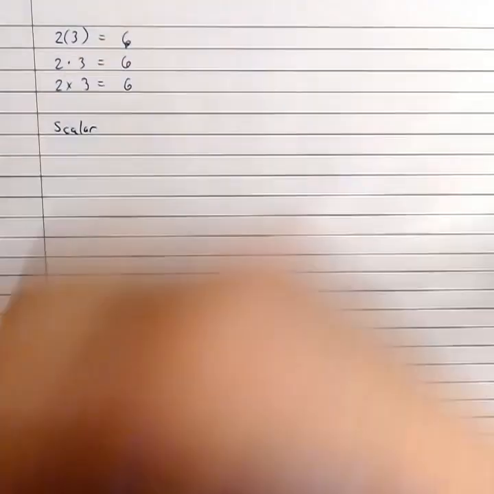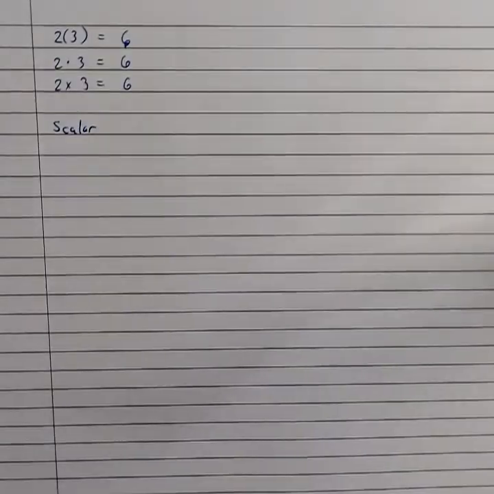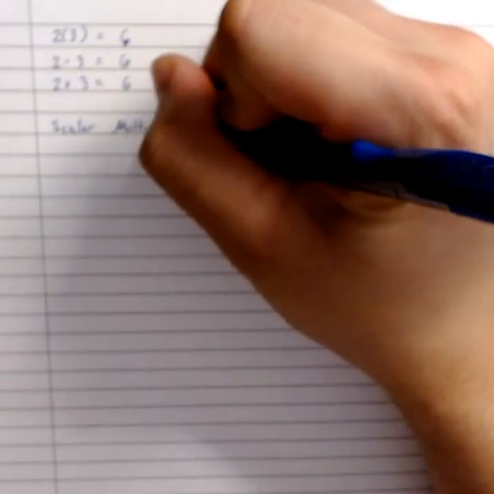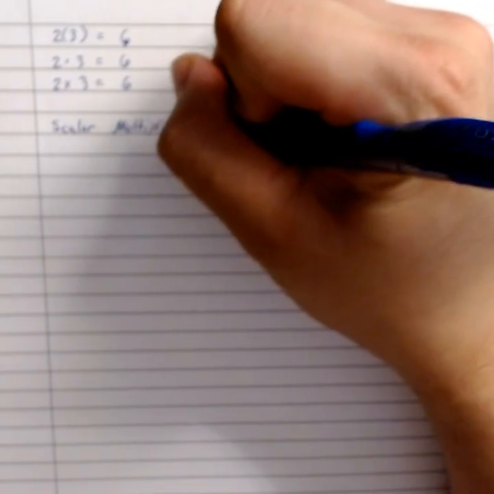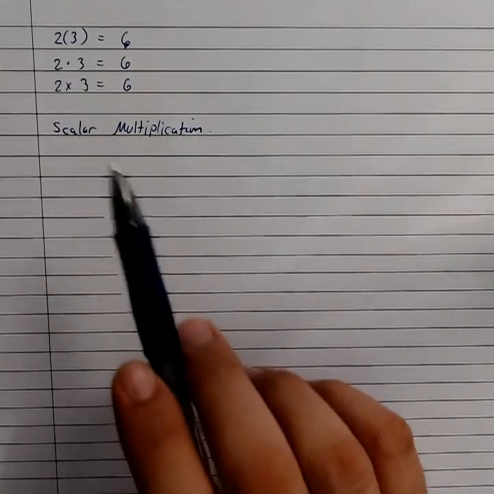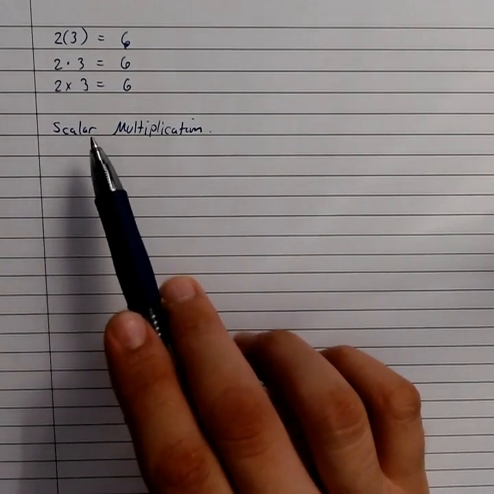That's the one we wish multiplication always looked like. So this is called the scalar multiple, or rather the scalar multiplication. Okay, scalar. What's a scalar? So when it comes to multiplying matrices, scalar means a regular real number.